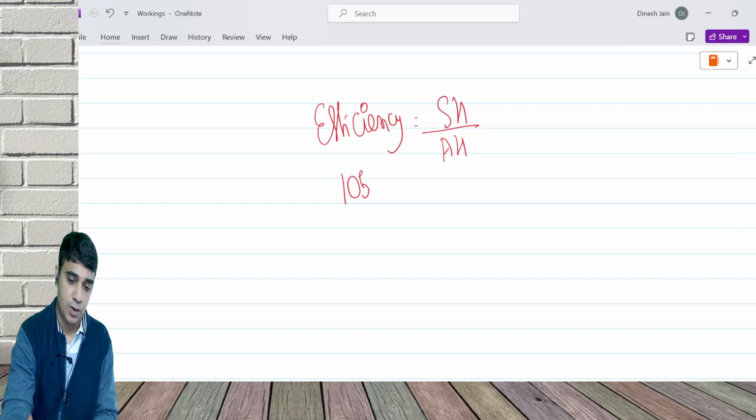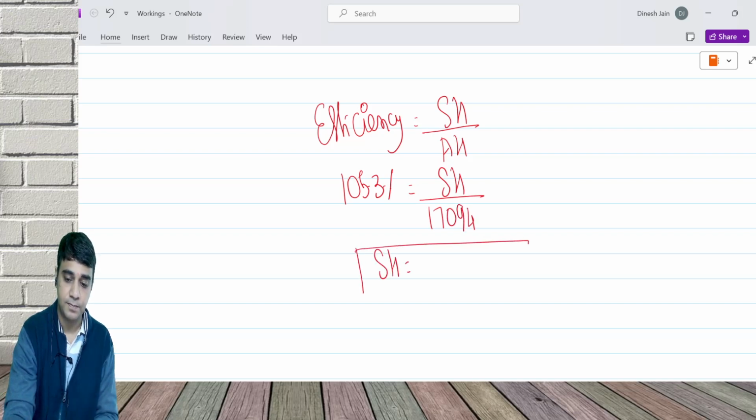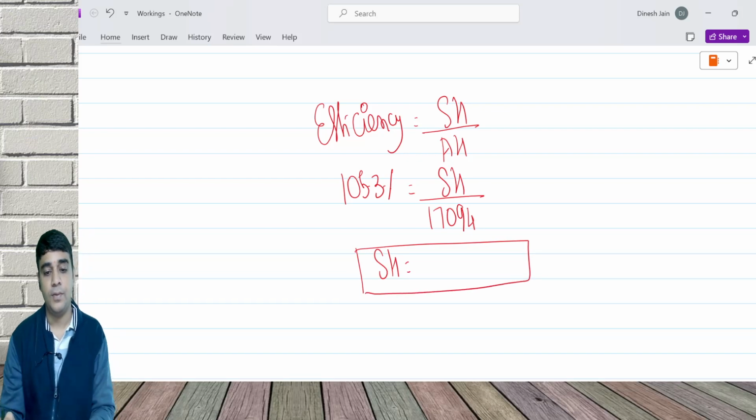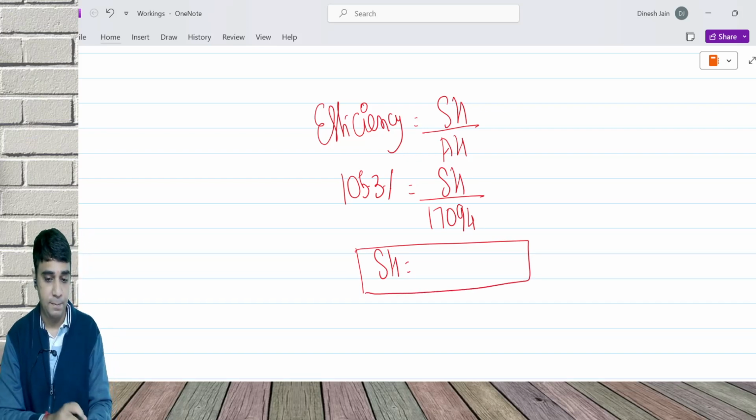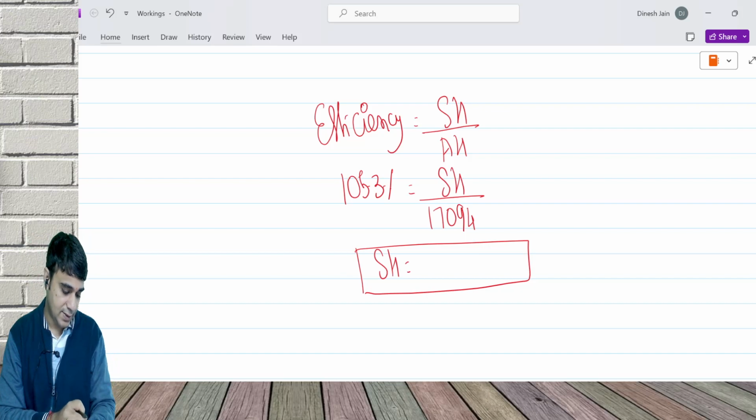105.3% equal to SH by 17,094. Get me the answer to SH.